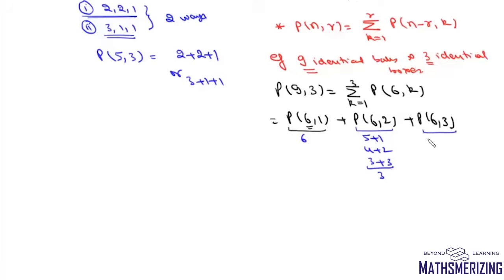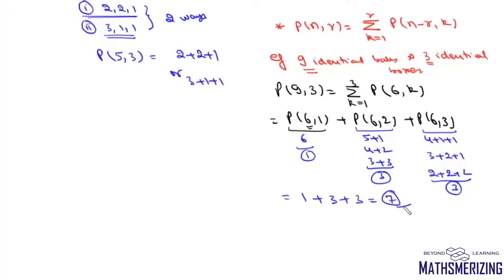It will be either 4 plus 1 plus 1, 3 plus 2 plus 1, or 2 plus 2 plus 2, which again is 3. So P(6,1) is 1, P(6,2) is 3 and P(6,3) is 3, and this result comes out to be 7. So the number of ways of distributing 9 identical balls in 3 identical boxes is 7.